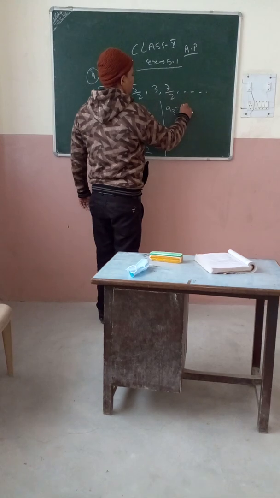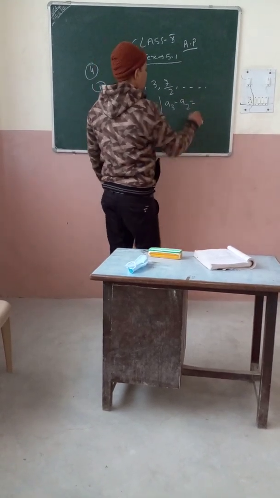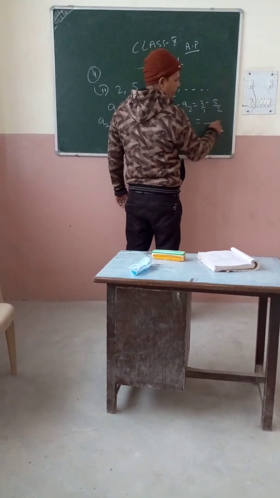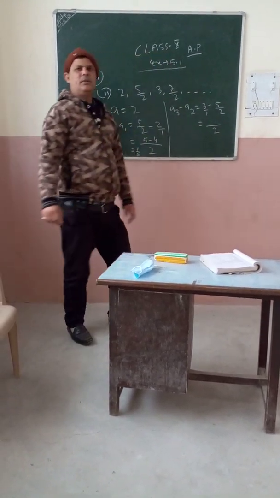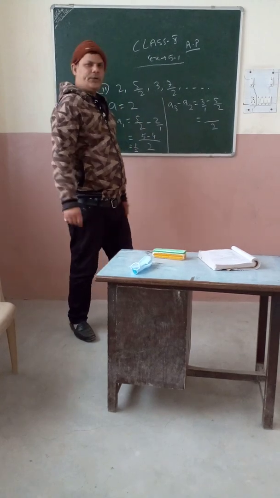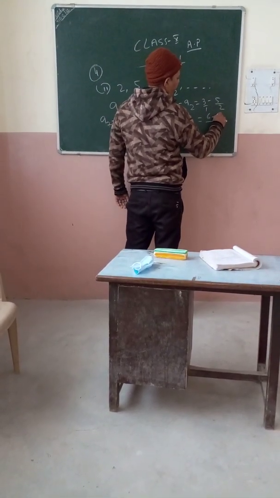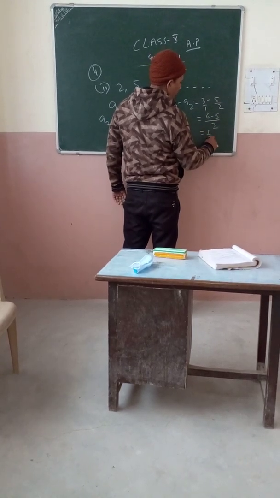A3 minus A2 equal to 3 minus 5 by 2. Take the LCM; the LCM of 1 and 2 is 2. So this is 6 minus 5 by 2, equal to 1 by 2.